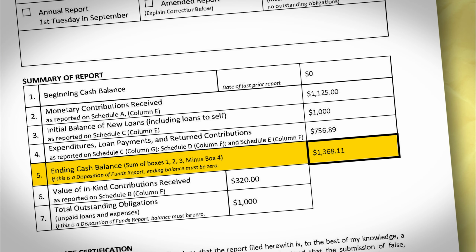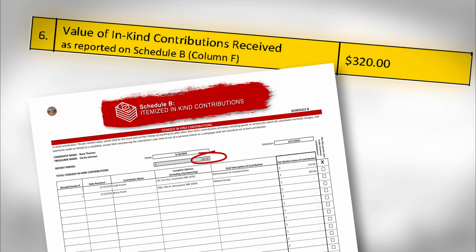This is calculated adding lines 1, 2, and 3, and then subtracting the expenditures recorded on line 4. The calculation for this report gives an ending balance of $1,368.11. Line 6 shows the value of our in-kind contributions: $320, which comes from this box on Schedule B.